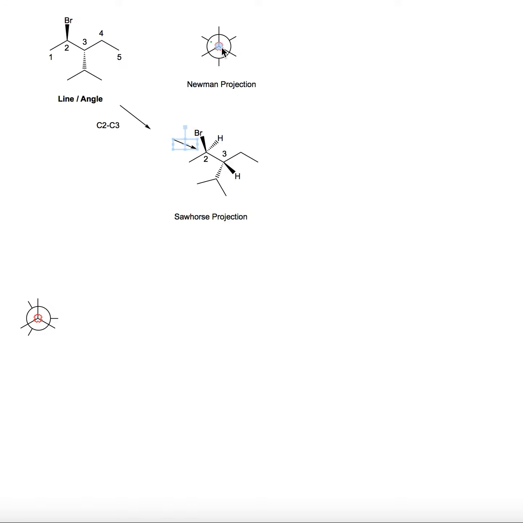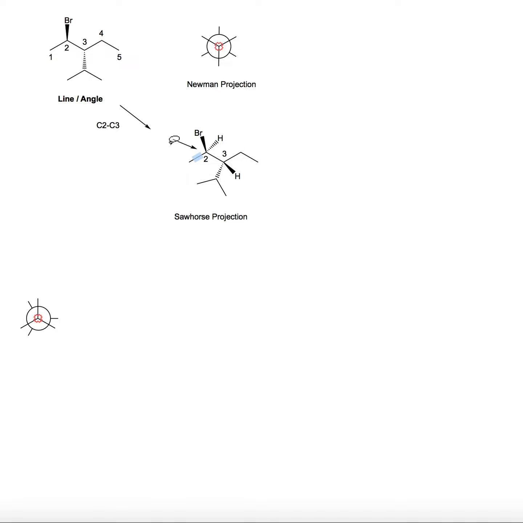The front carbon is going to be carbon 2. The back carbon is going to be carbon 3. In the front carbon, carbon 2, when we look from here, to your right you will have bromine, so we're going to place bromine here. One of the things I just noticed, I'm going to turn this around. I also want you to know the zigzag pattern of the carbon chain.